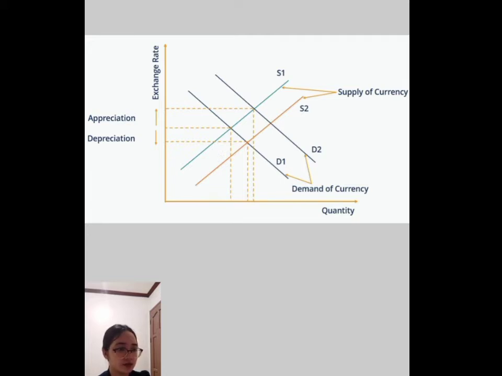The increased demand from D1 to D2 at the same supply S1 will lead to currency appreciation. Your currency is expected to depreciate if the market views the government as unstable. Although the floating exchange rate is not entirely determined by the government, they can intervene when the currency is too low or too high, to keep the currency at a favorable price.